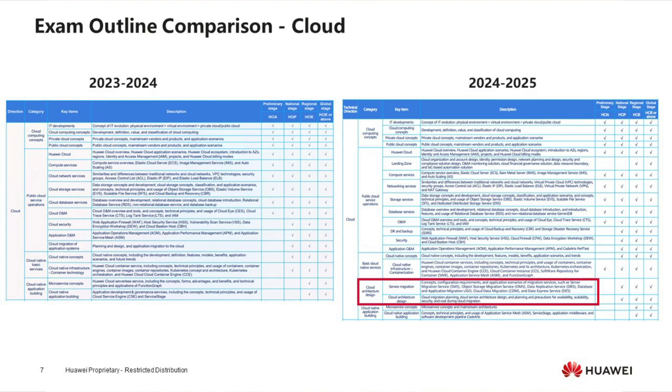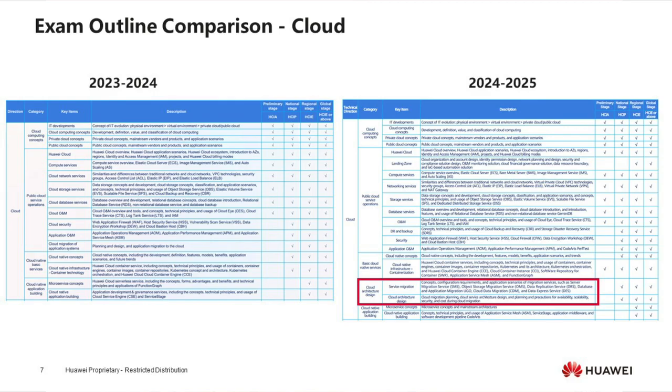However, when it comes to HCIP level for the national stage, the services for disaster backup like CBR, SDRS, and security like WAF, HSS, FW, and CBH, AOM, LTS, APM, all of those advanced cloud services, we will cover in the national stage.